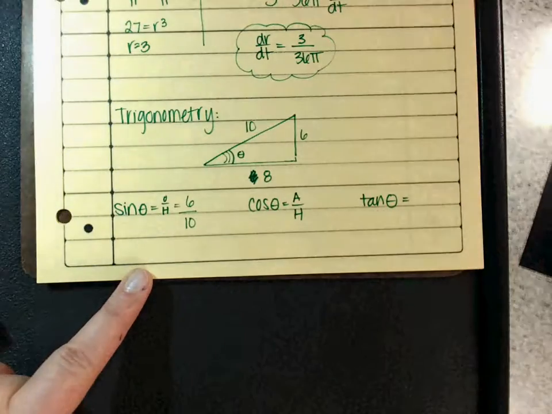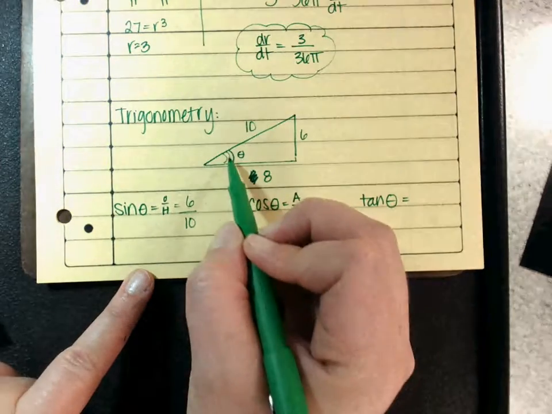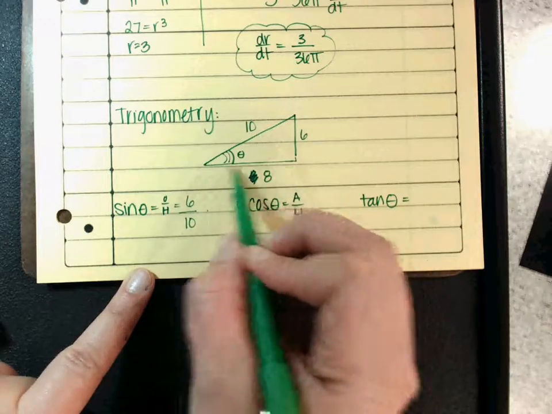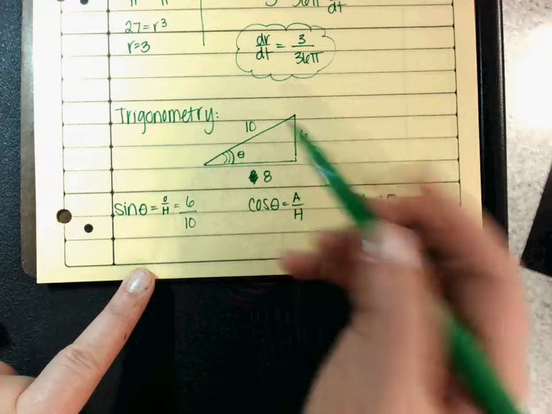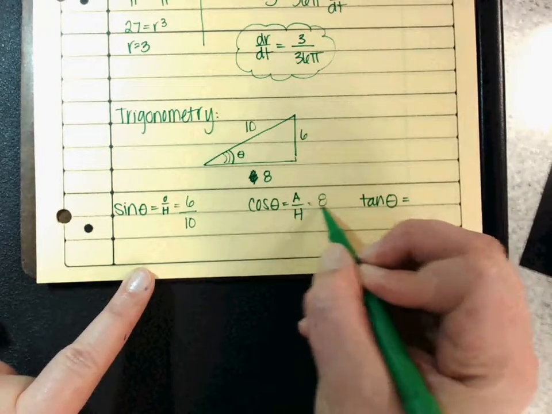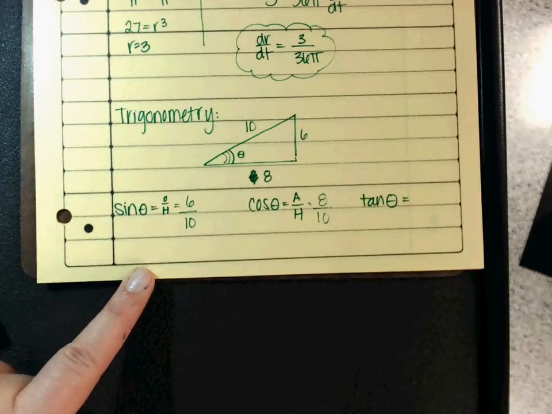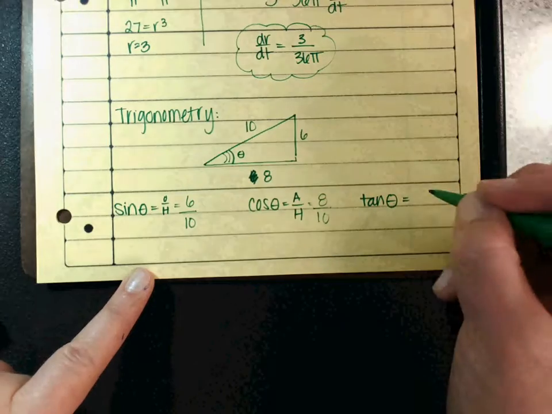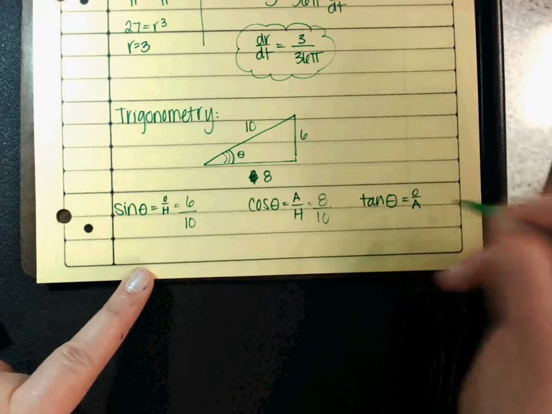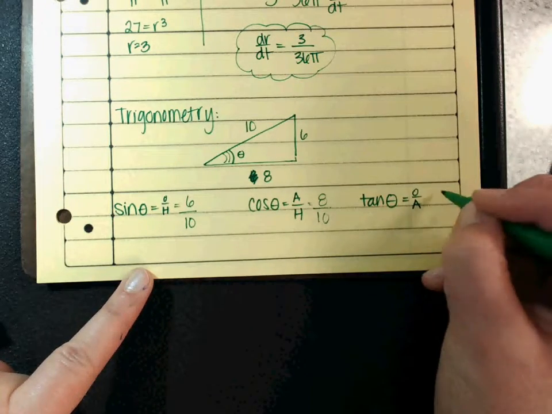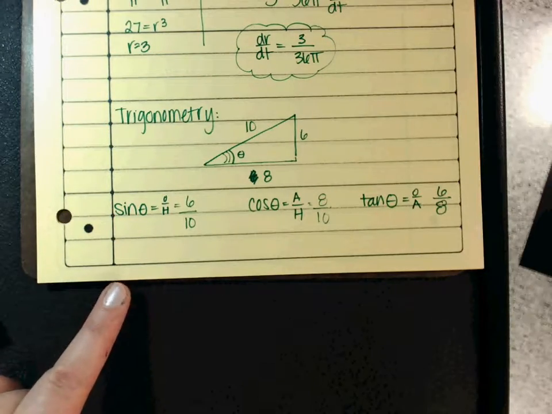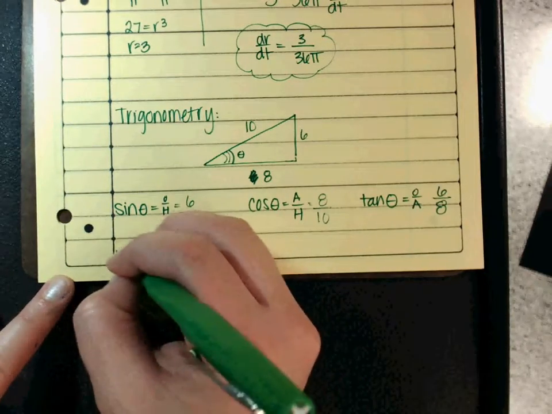A stands for adjacent. So if this is my angle, what is adjacent to that? 8, and then what's my hypotenuse? 10. So that'd be 8 over 10. And then for my last one, for tan theta, it would be which two sides? That's TOA. So that'd be which sides? 6 over 8.